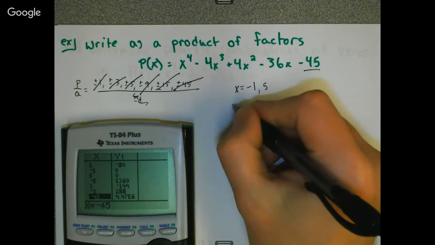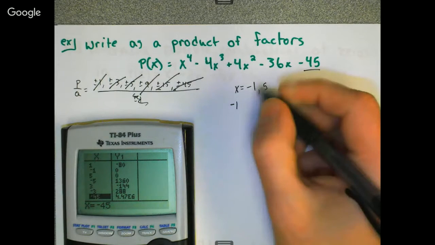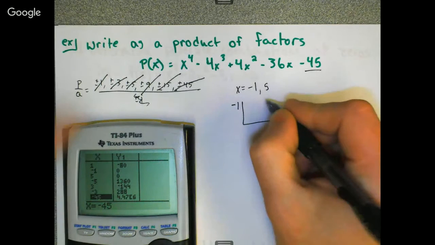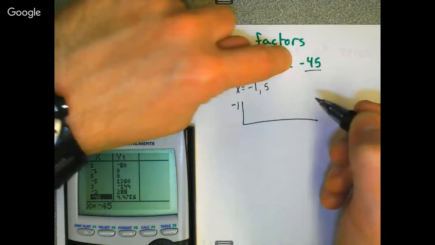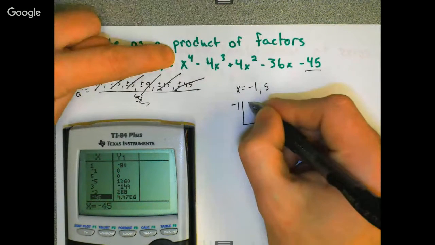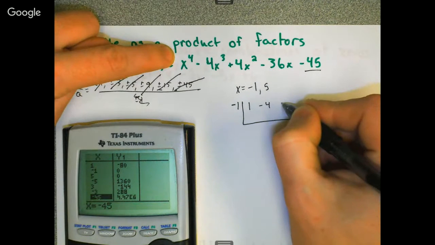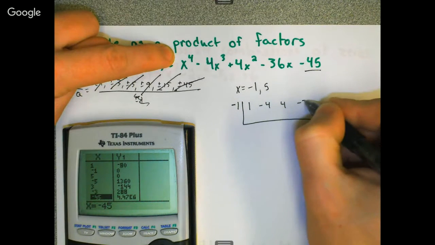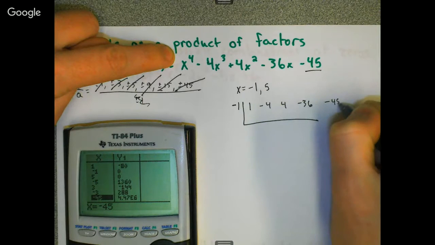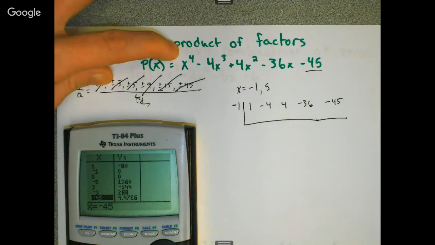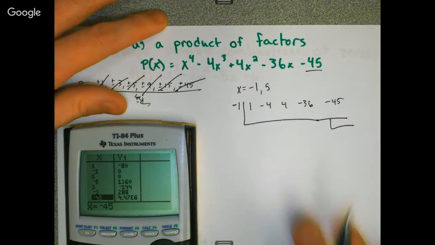So if I do the synthetic division with that, I've got the coefficients for degree 4, 3, 2, 1, and the constant: 1, minus 4, 4, negative 36, negative 45. I should get 0 as my remainder. So this is just kind of double checking.